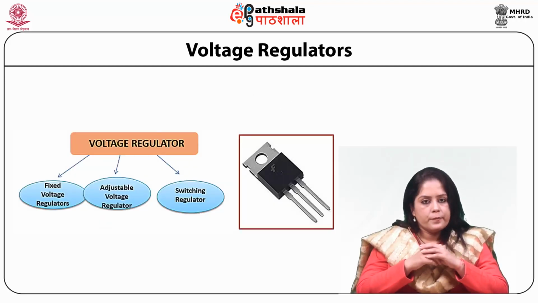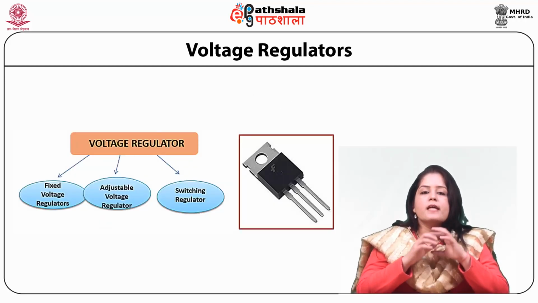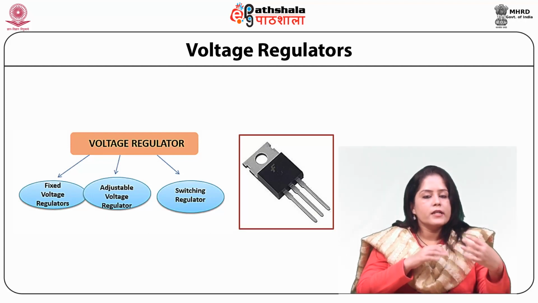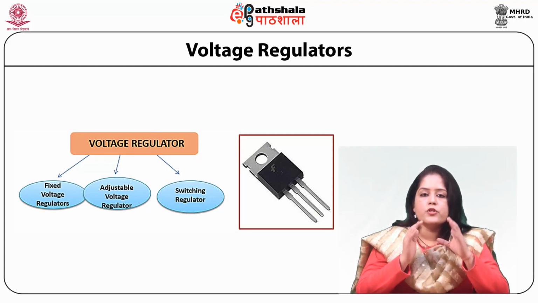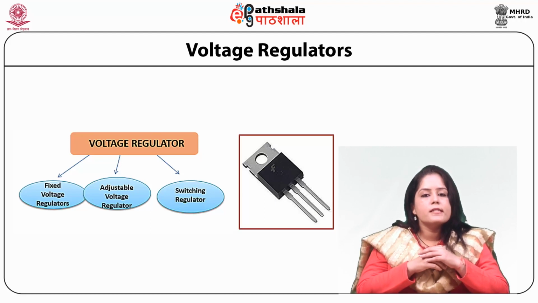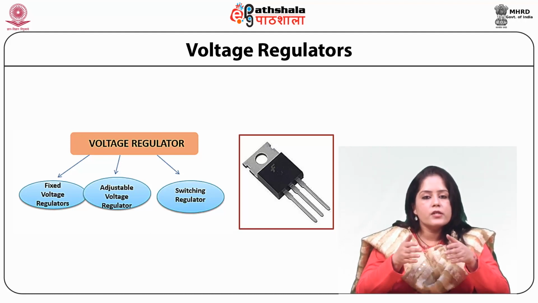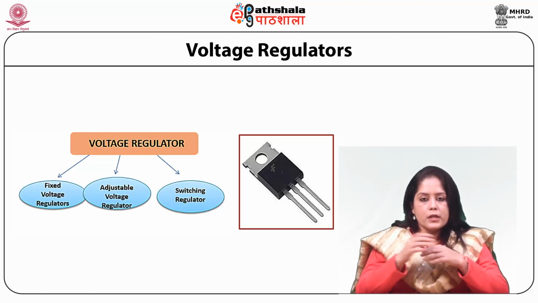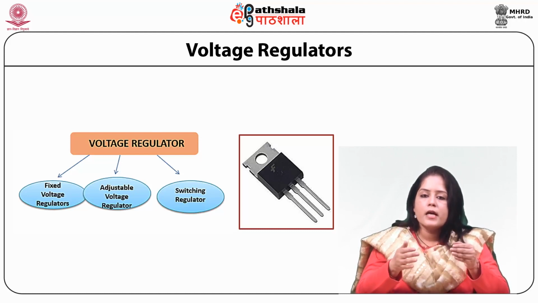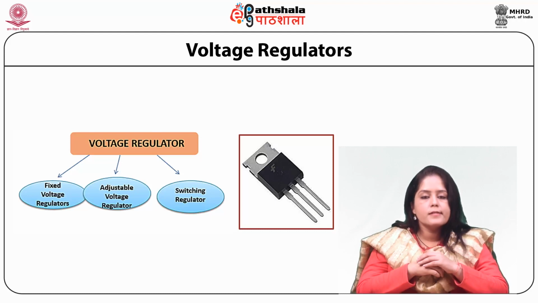Voltage regulator. A regulator is an electrical or electronic device which maintains a constant output voltage irrespective of changes in load current, input voltage, or temperature. This figure shows the various types of voltage regulators.